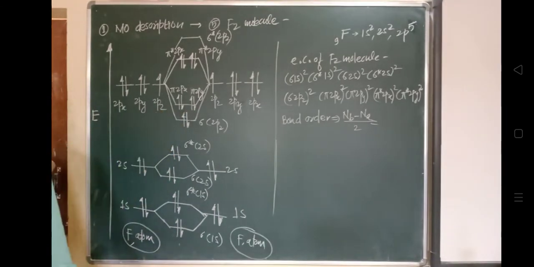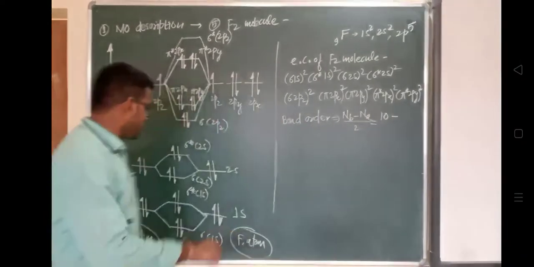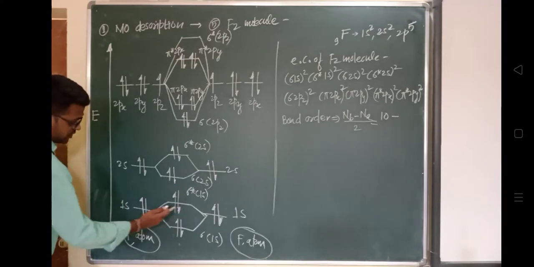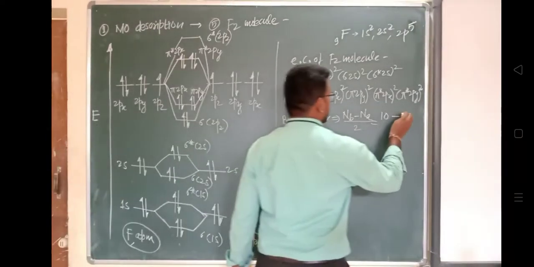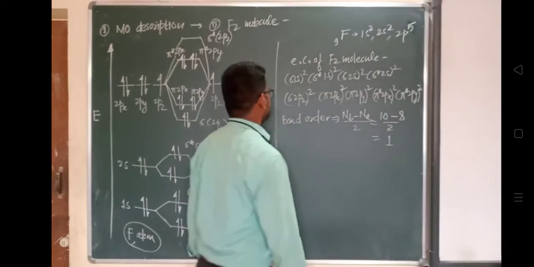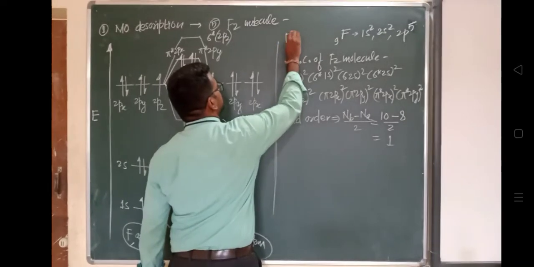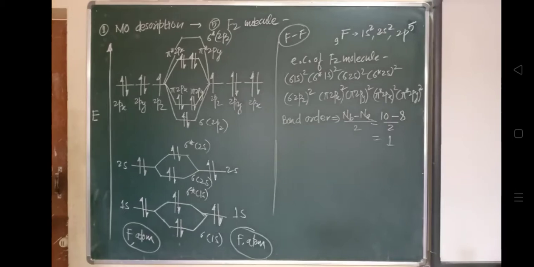So a total of 10 bonding electrons are present, minus the anti-bonding electrons, which are showing upward: 1, 2, 3, 4, 5, 6, 7, 8. So 10 minus 8 is 2, divided by 2, so the bond order is 1. In this way we can say that for fluorine-fluorine, there is one covalent bond present between these fluorine atoms, because the bond order tells us this information.